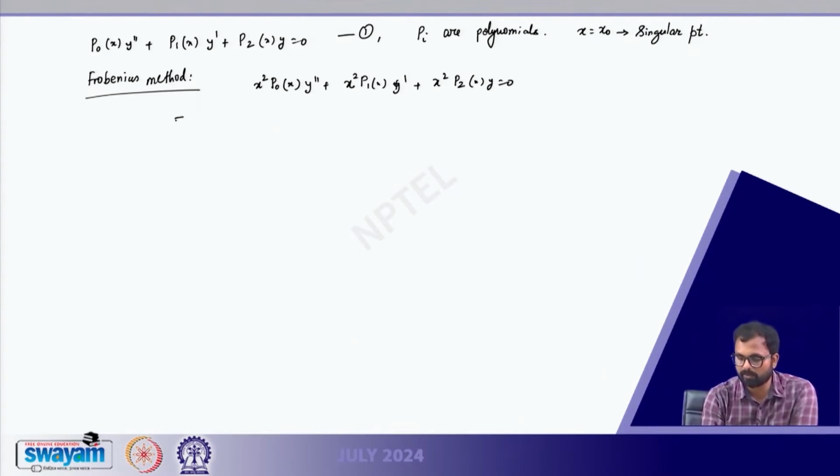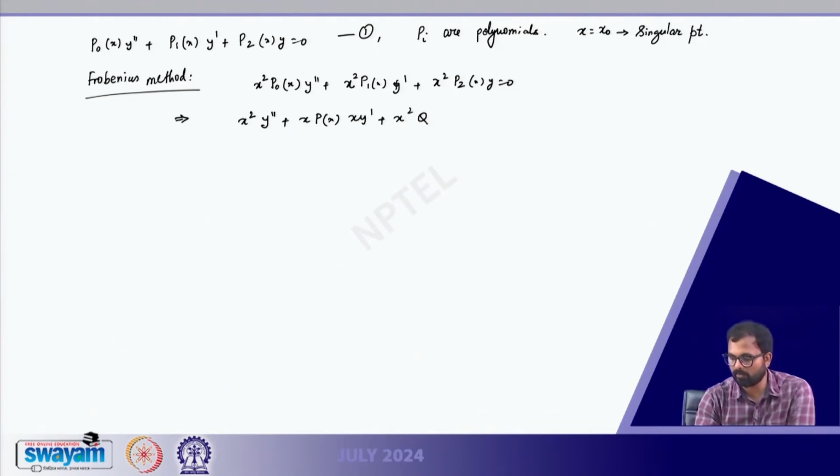Now, let us divide both sides by P0 x just to make it a rational function in a way. So, this will become x square y double dash plus x p x into x y dash plus x square q x into y equals to 0. So, we have divided both sides by P0 x. Let us call this equation number 2.